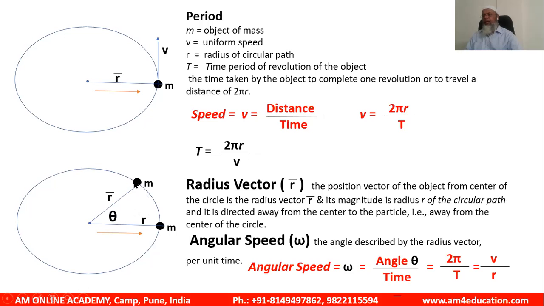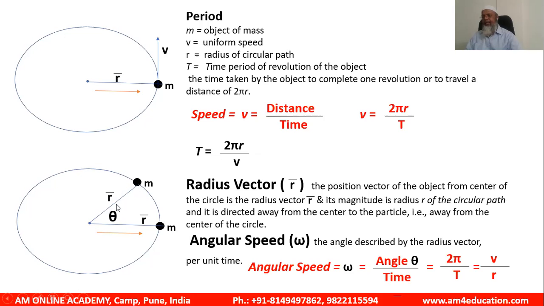Now, next is angular speed. Before angular speed, we'll see what is angular displacement. As we discussed earlier, at time t, the particle is at this position. After time t1, the particle is at this position, and this is the radius vector. Now, this radius vector makes an angle theta.